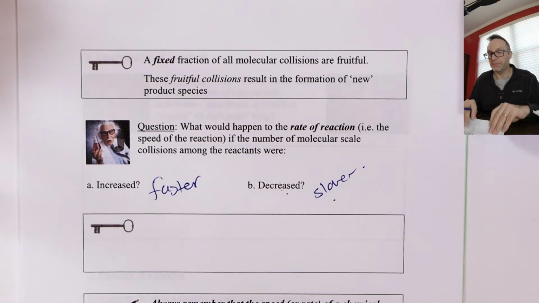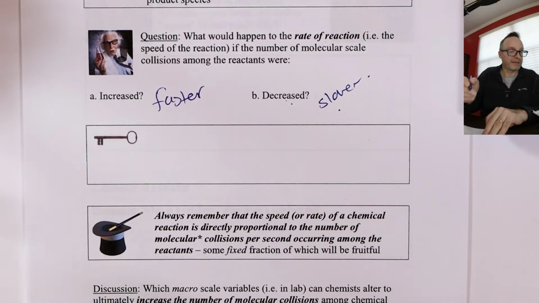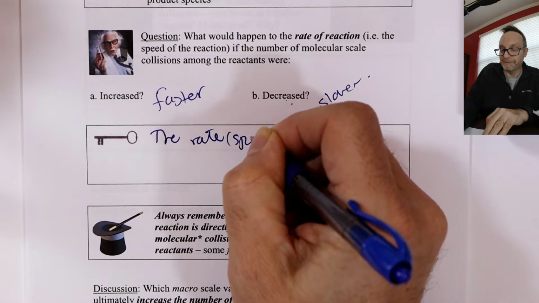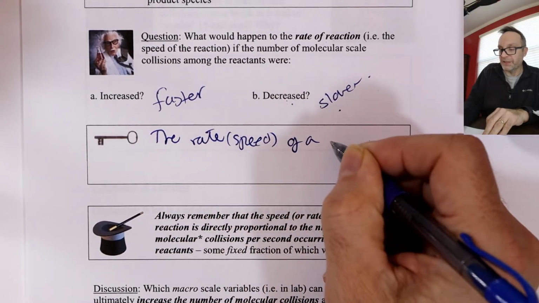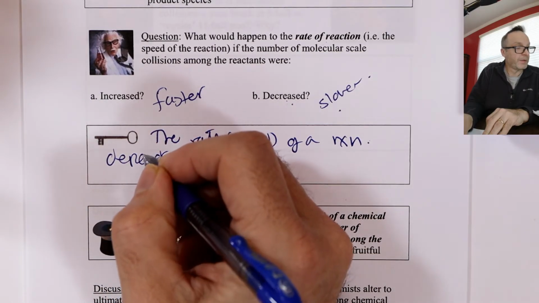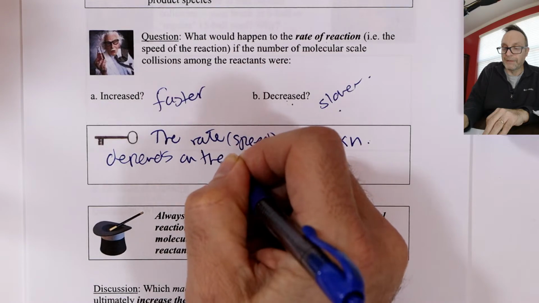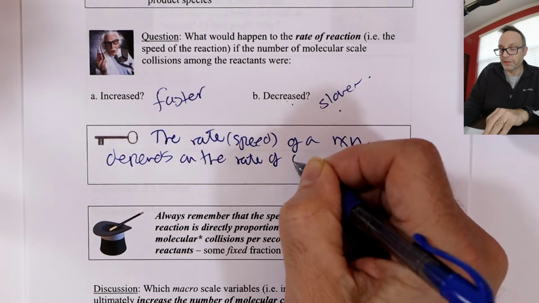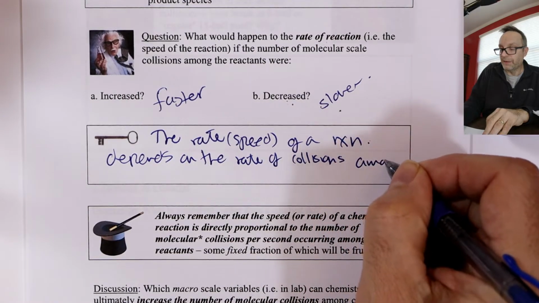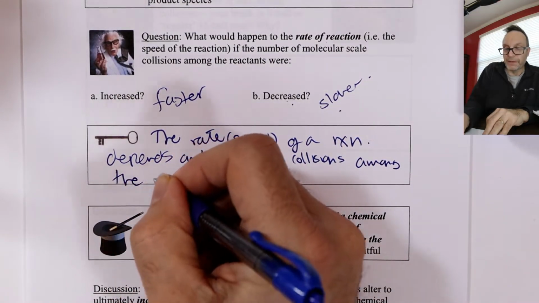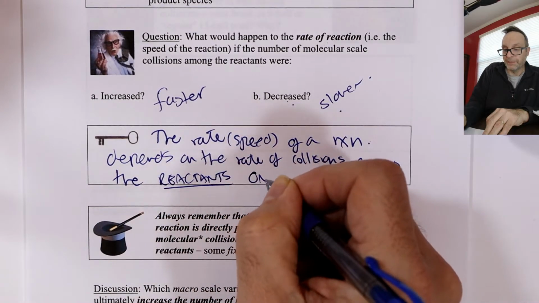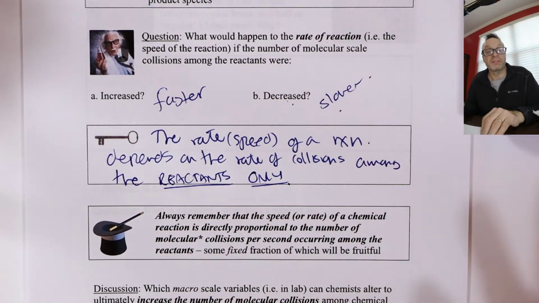But your fundamental microscopic fact is this: the rate or speed of a reaction depends on the rate of collisions among the reactants only. Once you made a product, doesn't matter, you made it.